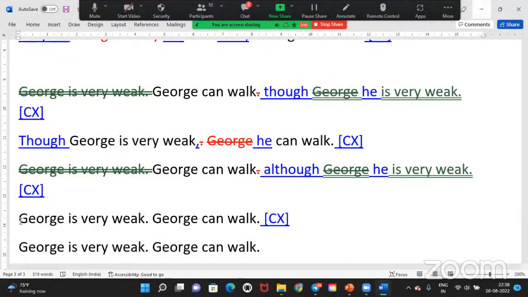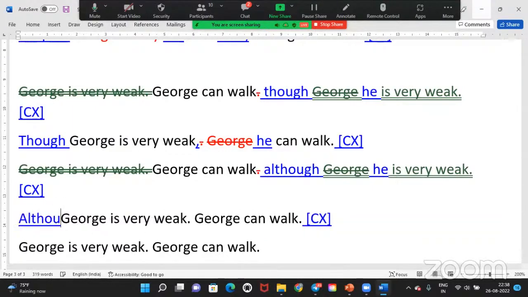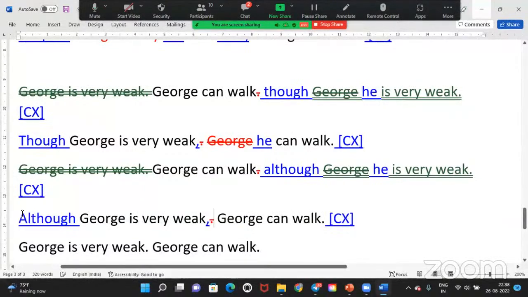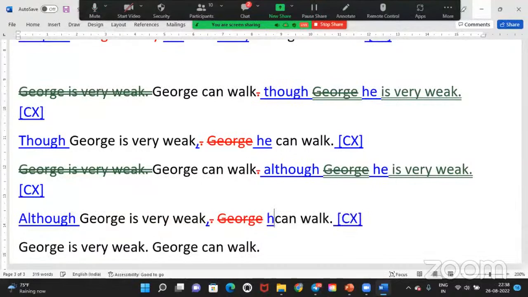And then here in the next sentence, although George is very weak, here remove full stop, put comma, remove George and just put he. Although George is very weak, he can walk, that's all. Though in the beginning, although in the end, though in the middle, although in the middle. All are complex only. Next one.